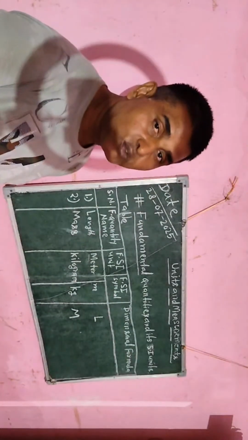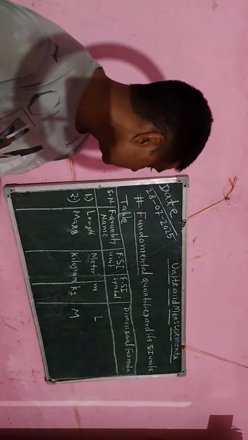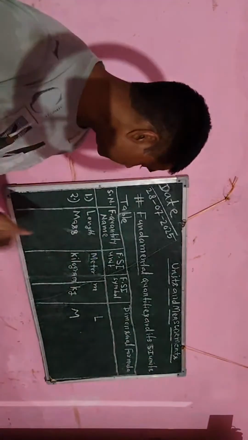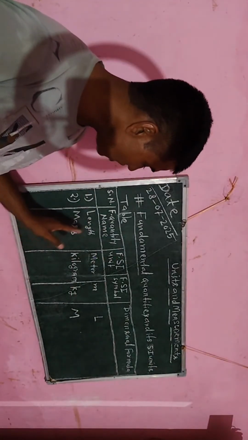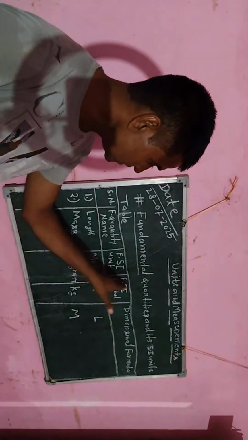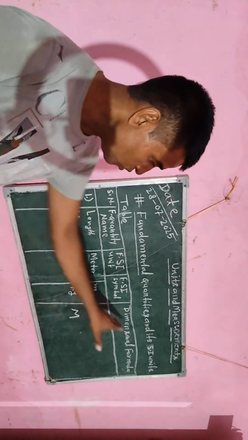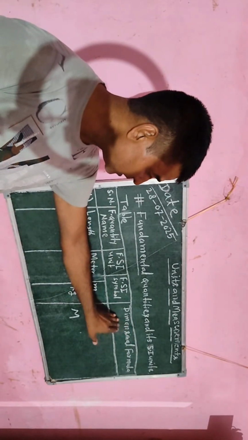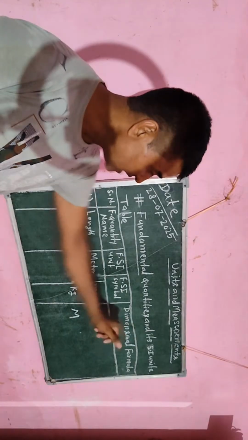Each and every student has to remember it, because fundamental quantities are only 7. I will write all fundamental quantities, and also the fundamental SI unit, the fundamental SI symbol, and the fundamental dimensional formula.